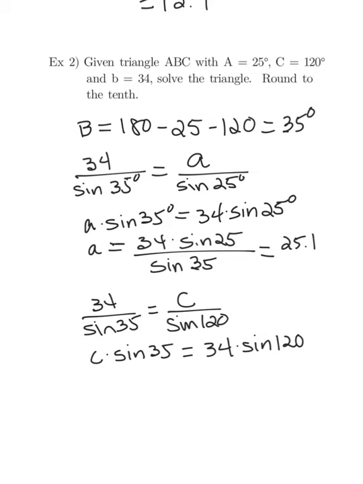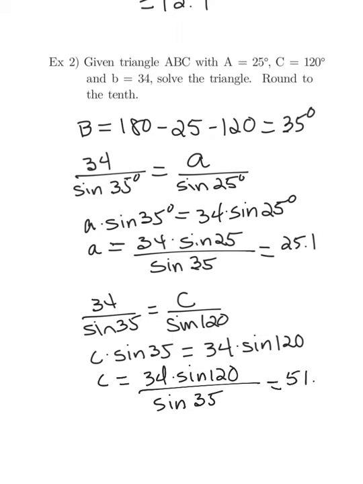Now divide by your sine of 35 and you get C equals 34 times the sine of 120 divided by the sine of 35. Work that out, you should get 51.3.